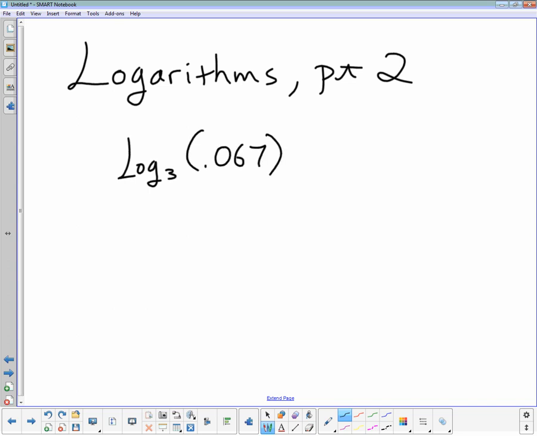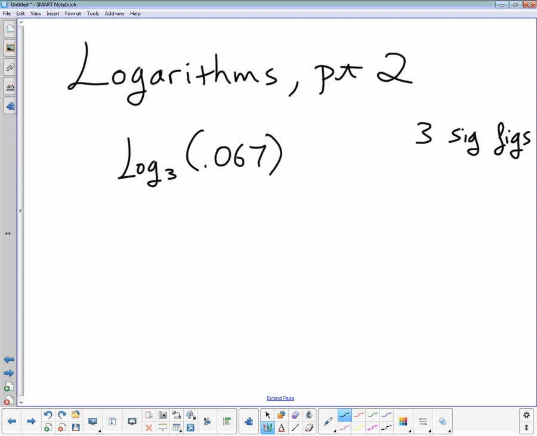Give that to 3 sig figs. Three significant figures. Yeah, use a calculator.